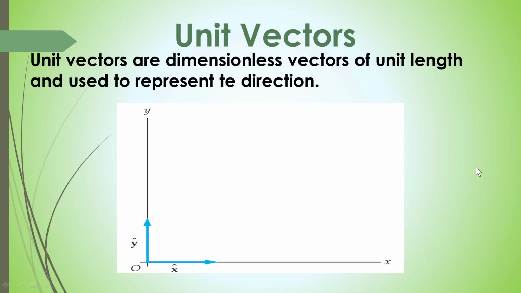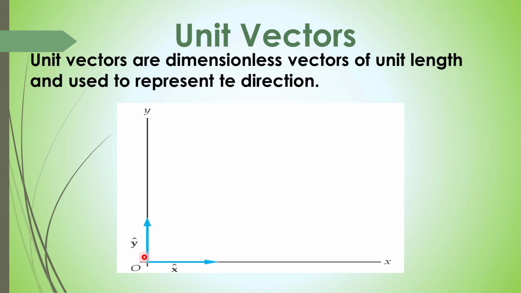What about unit vectors? Unit vectors are dimensionless vectors of unit length, used to represent direction. Dimensionless means they have no unit. Let's say we want to specify the direction of the x-axis and y-axis, then we plot their unit vectors.